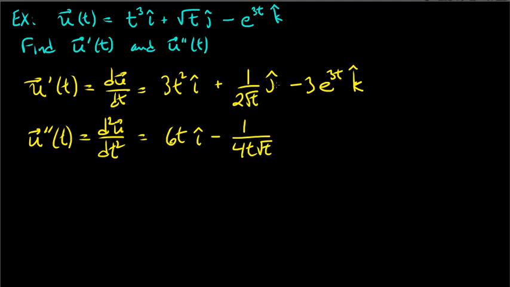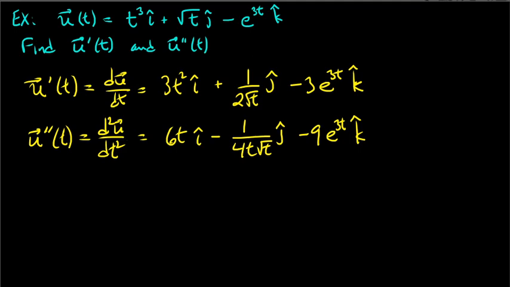So t to the negative 1/2, so 1/2 times negative, I think that's right. So that's times j. And then minus 9 times e to the 3t times k. Okay, so there's the second derivative. And obviously you can take the third derivative, fourth derivative, but typically we'll just do 1 or 2 derivatives.